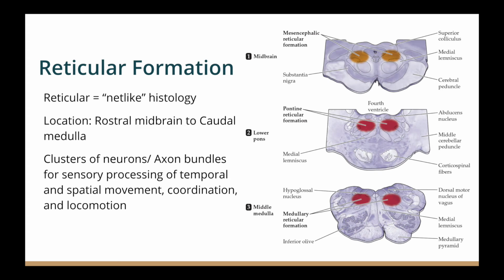Within the brainstem, there are the vestibular nuclear complexes, the reticular formation, and the superior colliculus. The reticular formation is made up of clusters of neurons or axon bundles for sensory processing of the temporal and spatial movement, coordination, and locomotion of the body.